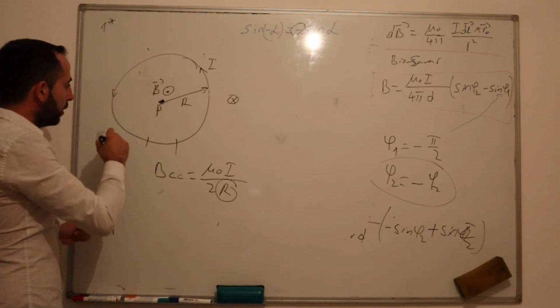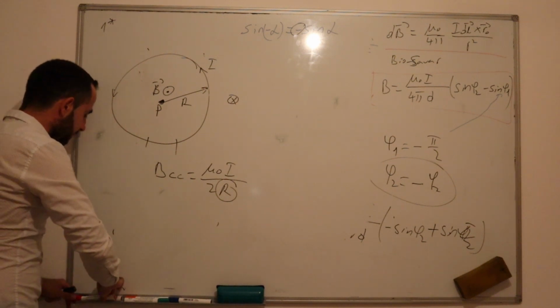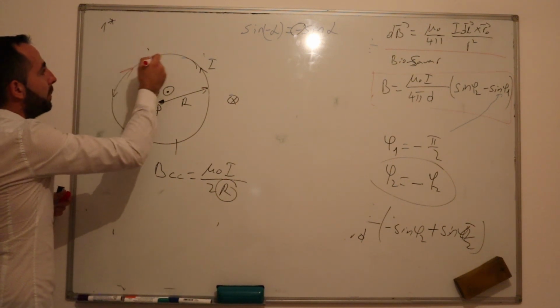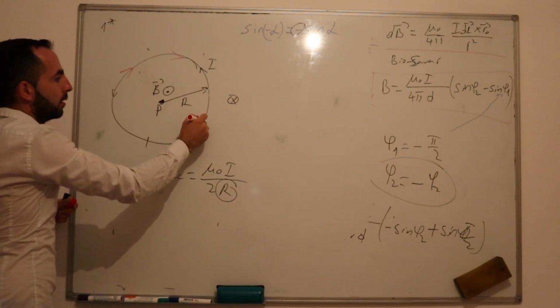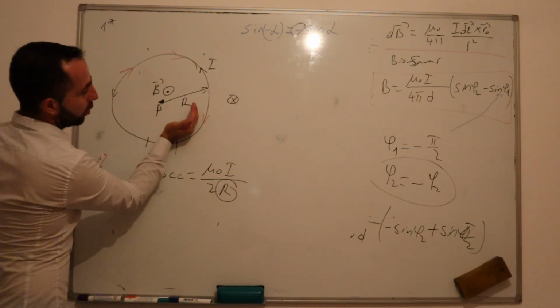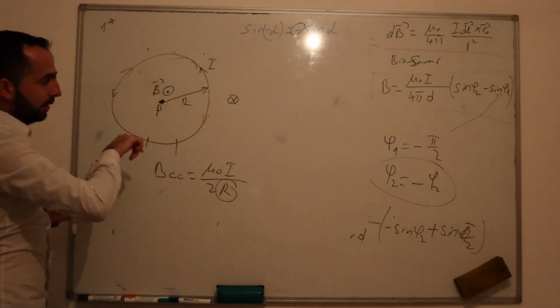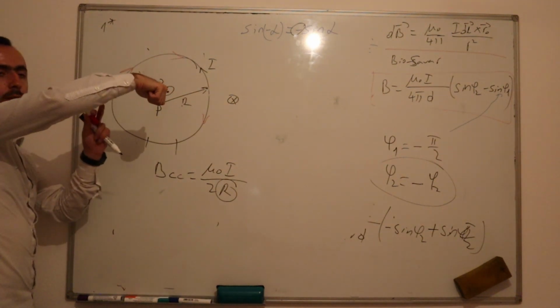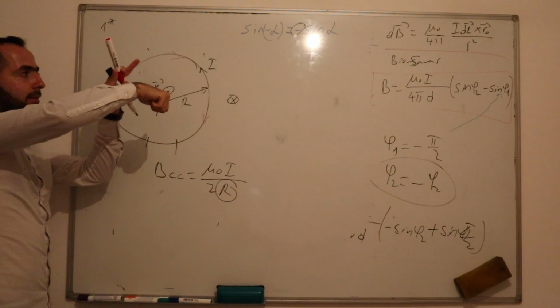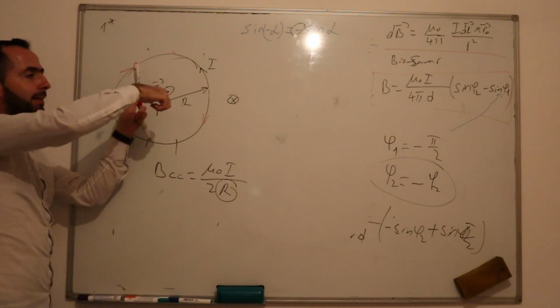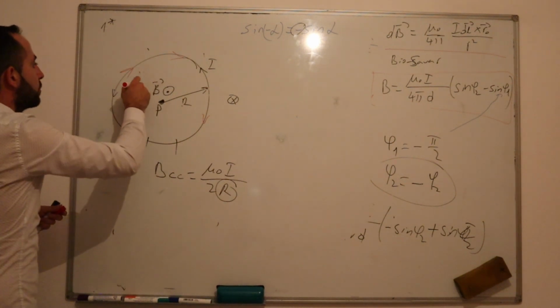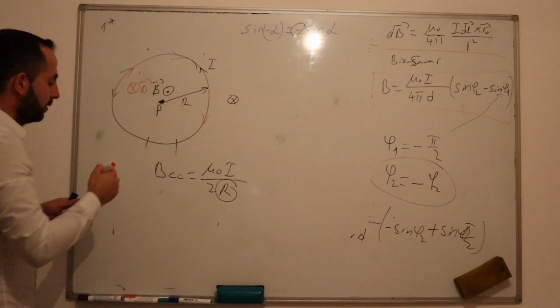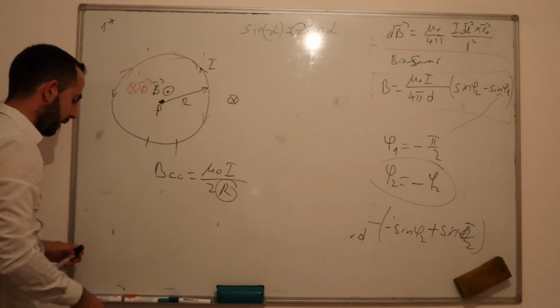If the current was in the opposite direction, I cannot close my fingers this way. I need to close it this way, and you can see that my thumb is directed from you to the table. So in this case, my magnetic field would have this direction.